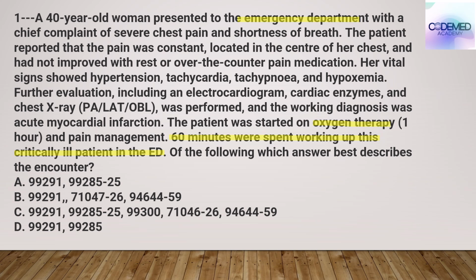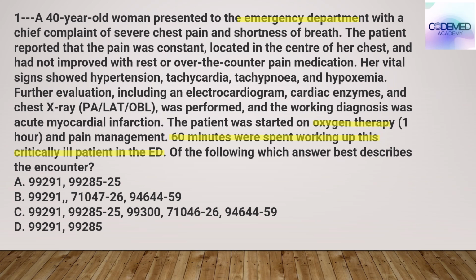Now, where did this critical care happen? It happened in the emergency department. And we have the rule that if the critical care is more than 30 minutes in the emergency department, we will code only for the critical care.